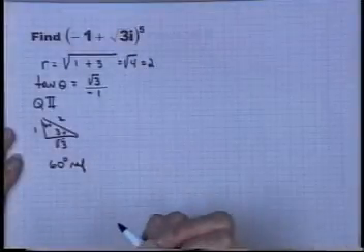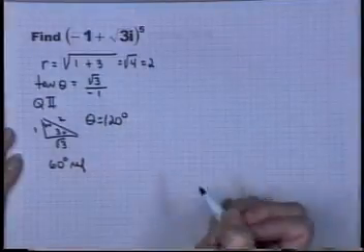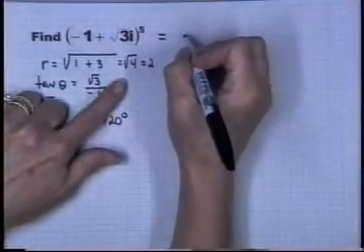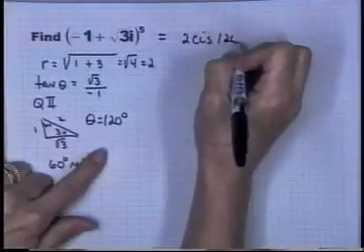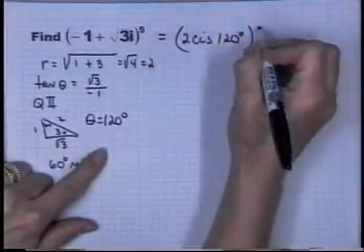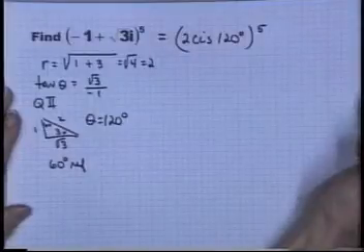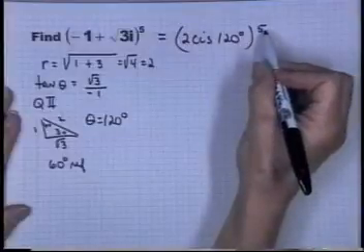But we're going over to quadrant 2. So that means our angle theta would be what? 120 degrees. So we're going to convert this to 2 CIS 120 degrees, which we are raising to the 5th power. Okay, now de Moivre's theorem said we take the 2, the r, and raise it to the power.